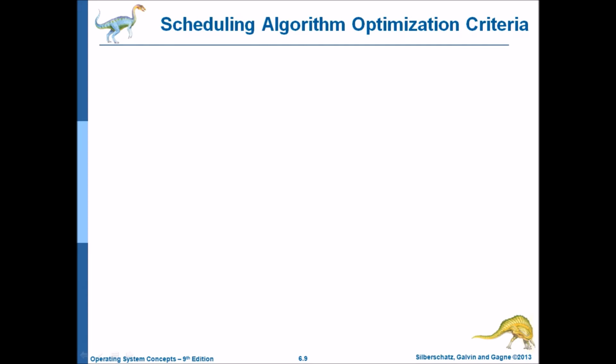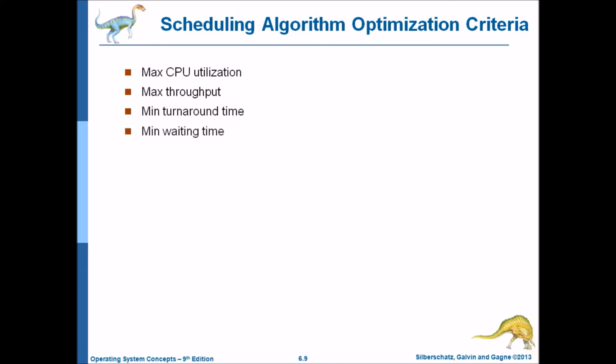So instead, we choose an algorithm based on its ability to satisfy a policy. So we proceed with the scheduling algorithm optimization criteria. Mostly we want to maximize CPU utilization, maximize throughput, minimize turnaround time, minimize waiting time, and then minimize response time.